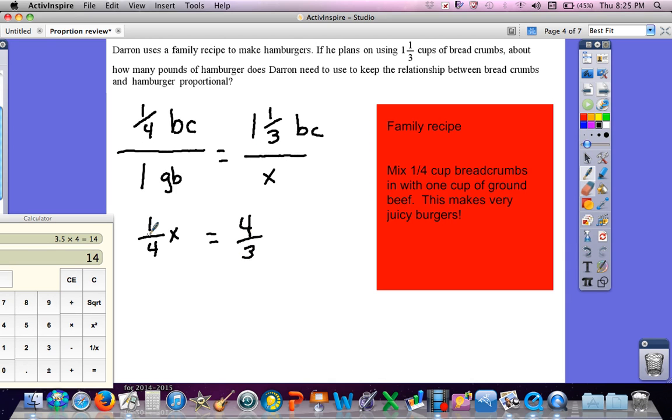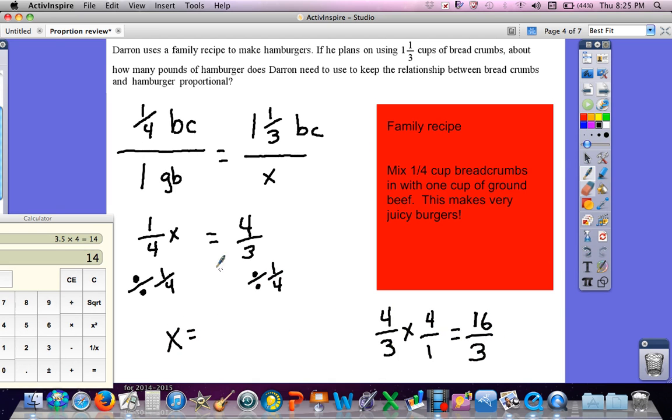So the next thing I need to do, since this is 1/4 times x, I'm going to divide both sides by 1/4. And when I divide by 1/4, you might remember I do keep, change, flip. 4 times 4 is 16/3.